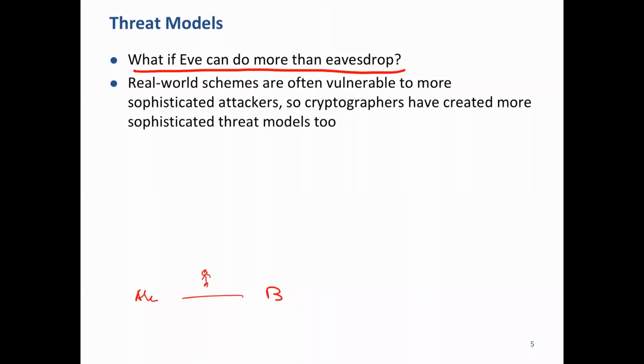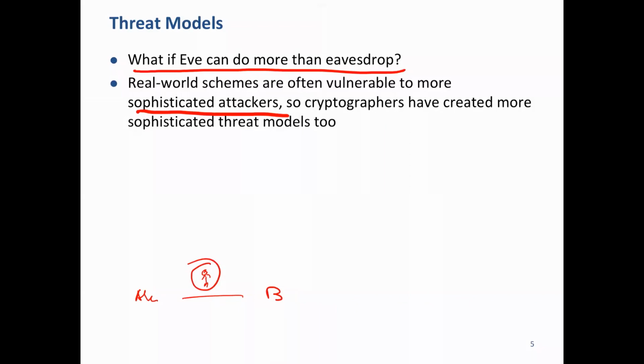But in the real world, schemes are often vulnerable to more sophisticated attackers. Eve is very simple. Her intent may not be so malicious; she is just curious to know what's happening between Alice and Bob. But in the real world, there are some people like Eve who may want to know what's happening, but there are more people who want to do more mischievous or malicious things.